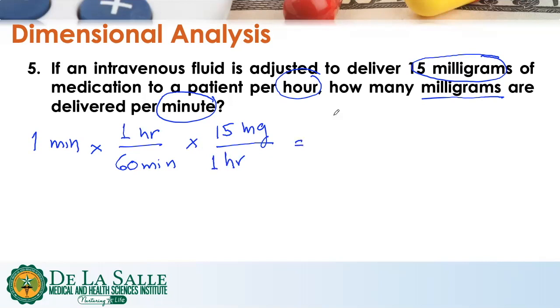Now, let's see if after we cancel all the units, we will arrive at number of milligrams. We cancel the minutes, we cancel the hours, we will be left with number of milligrams. So we can now multiply 1 by 15 and then divide this by 60. We get the answer 0.25 milligrams.